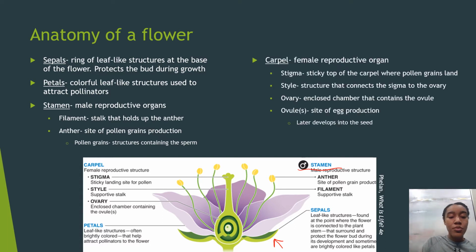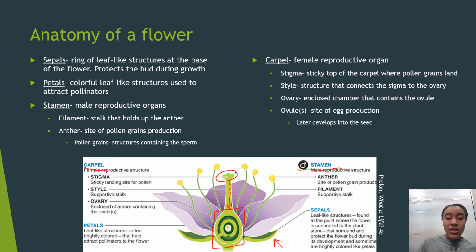And then we have our carpel, which is our female reproductive structures, and they include the stigma, which is this sticky padding at the very top of the reproductive structure, a style, which is this neck-like structure that leads to the ovary, and the ovary is this entire large rounded structure at the base of the flower.